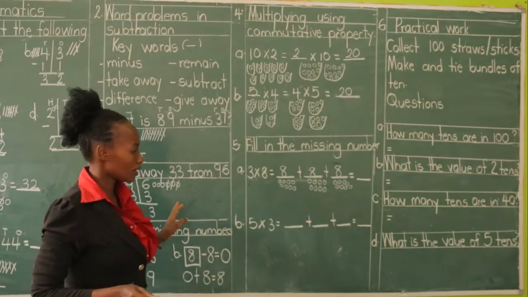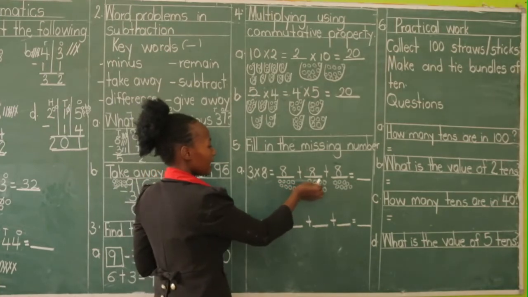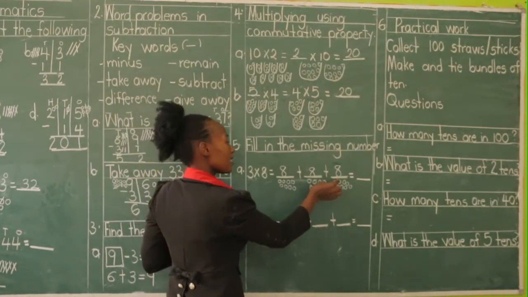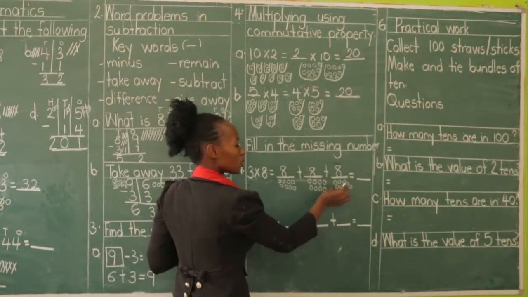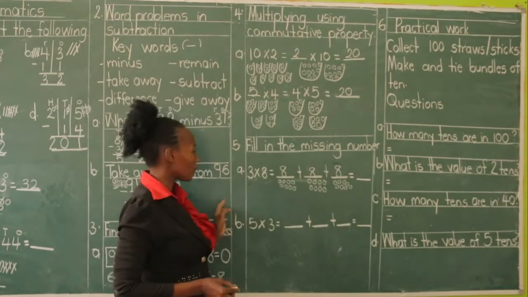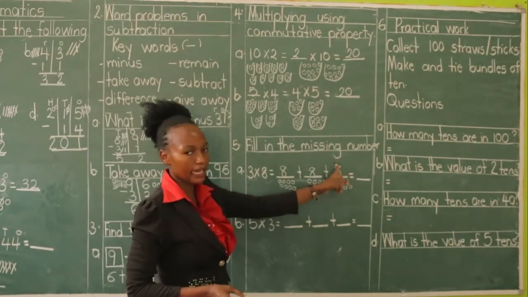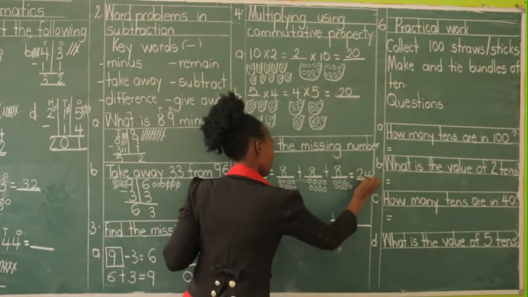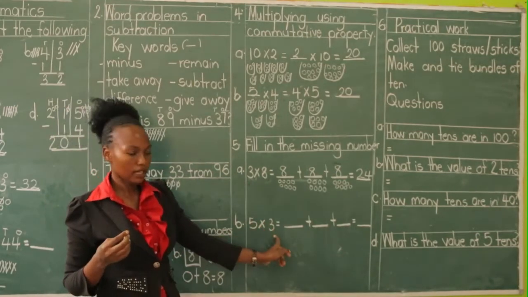After we put them together, we count up to 24. 3 times 8, or 8 plus 8 plus 8. The answer is 24.